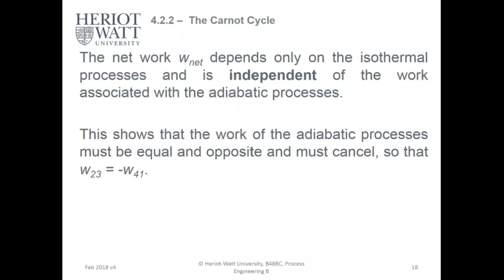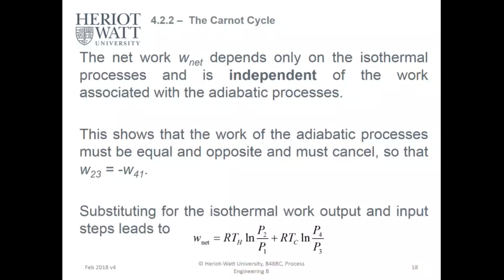The full cycle, the amount of work you put in should equal, because the heats cancel out because it's 100% efficiency. And substituting for the isothermal work input and input steps leads to the net work equals RT log of P2 over P1 plus RT C log of P4 over P3. I think the math is quite simple. It's just you're adding them.